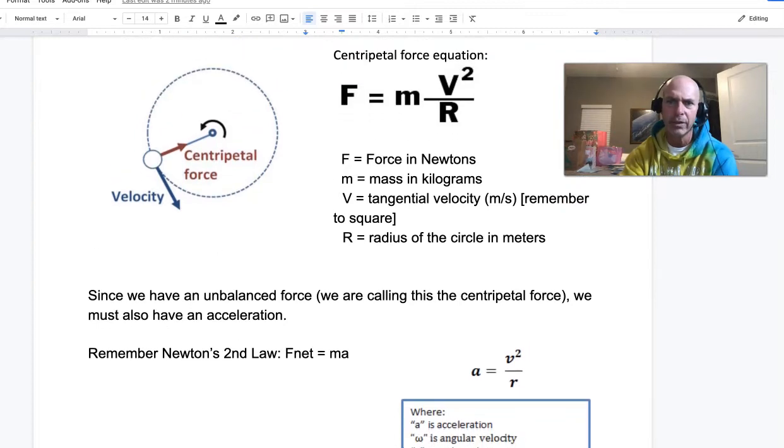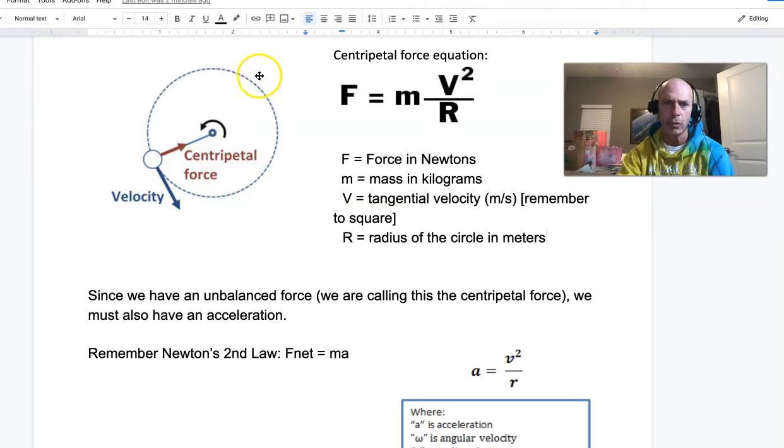We can think about this A also. We said that acceleration is produced when we have a change of velocity with respect to time. And even though the quantity of my speed or velocity might stay the same, I'm constantly changing the direction of that vector.